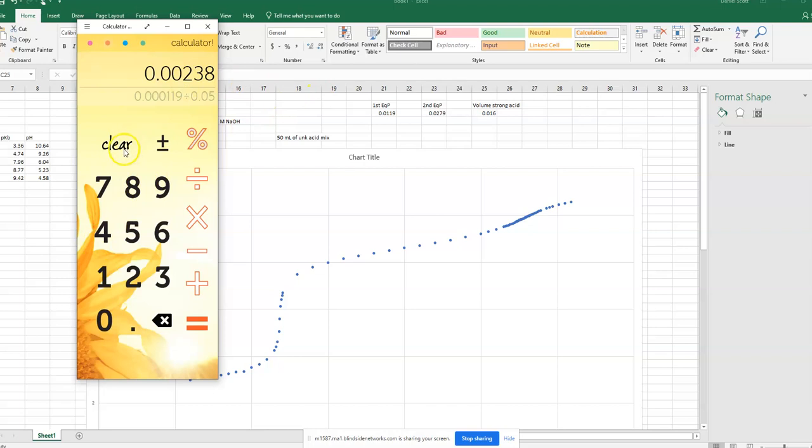All right, and then the other one would be this volume, 0.016, times 0.01, and then divided by 0.05. 0.0032.